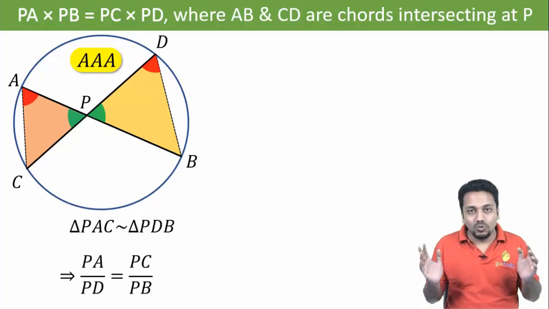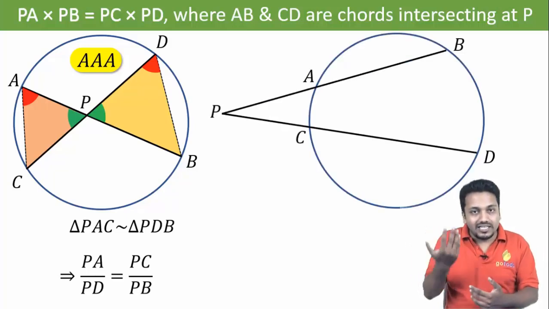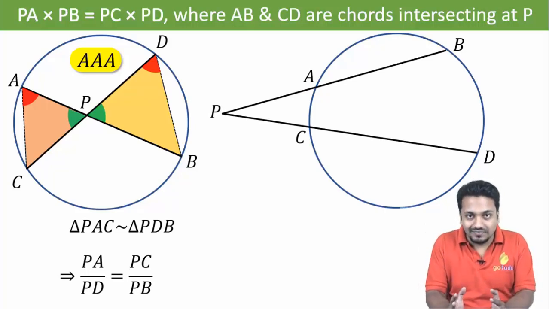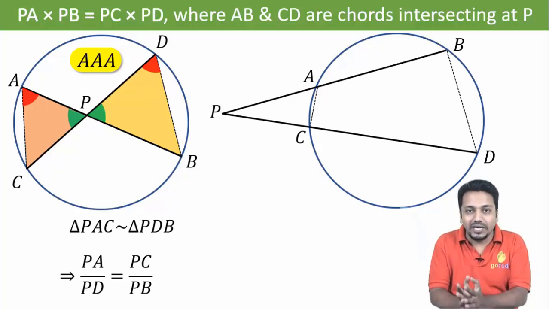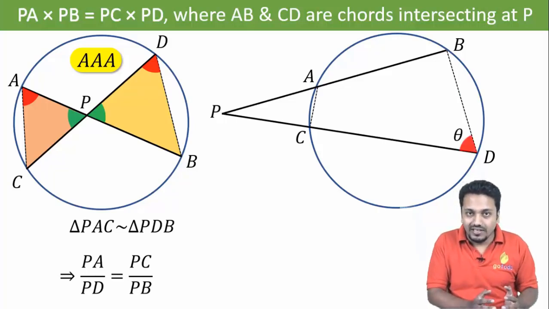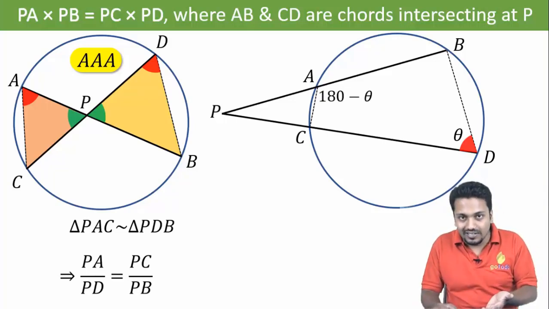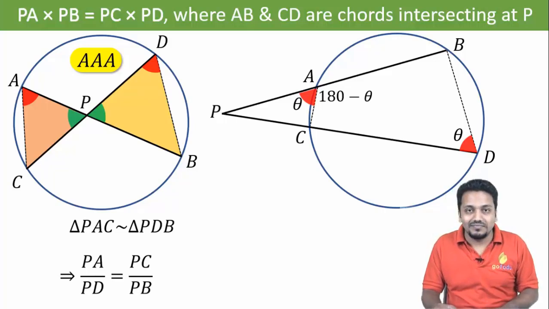When chords do not intersect inside the circle, they meet outside the circle when extended. Join AC and BD. If angle BDC is theta, as it's a cyclic quadrilateral, the opposite angle will be 180 minus theta and its supplementary angle will again be theta.